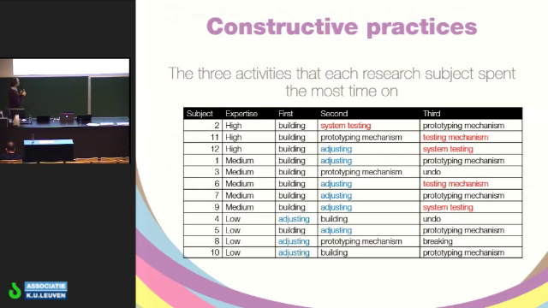For example, you can see that novices, the thing they do the most is adjust, whereas experts, the things they do the most are build and test the system. So this is one example of how we can discover patterns that people with different levels of expertise have when they are doing a completely open-ended task.